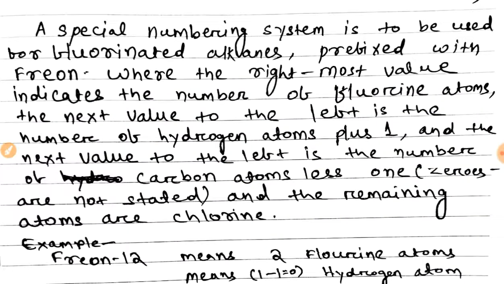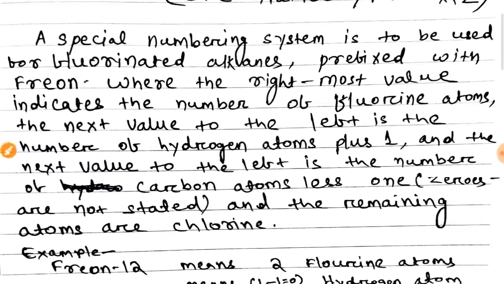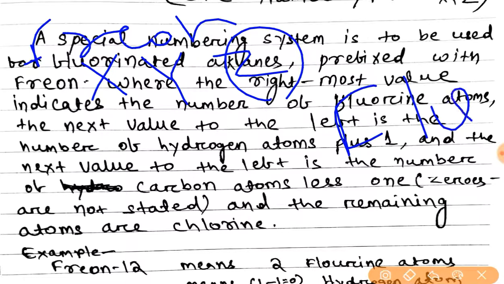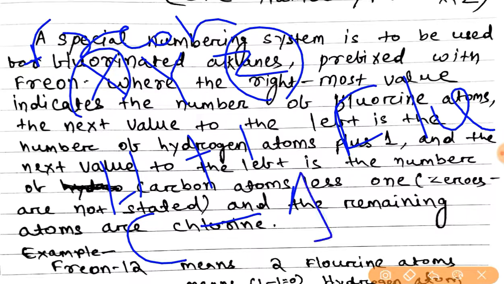So suppose Freon XYZ is given. In this XYZ, what does Z represent? Fluorine atoms. Y represents hydrogen atoms plus 1, and X represents carbon atoms minus 1.